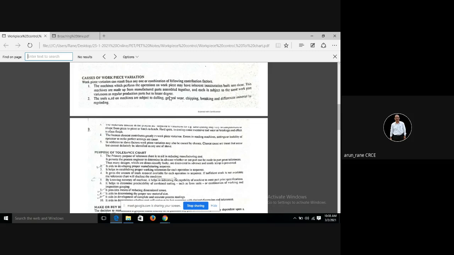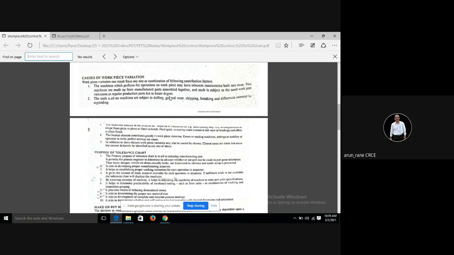Repeatability means same and same. A student, if he is scoring 60% in all the semesters, that is good because his repeatability is very good. But a student who has scored 100% in one semester, 90% in the second, then 70%, then 50%, 60%, in that case repeatability is not good.